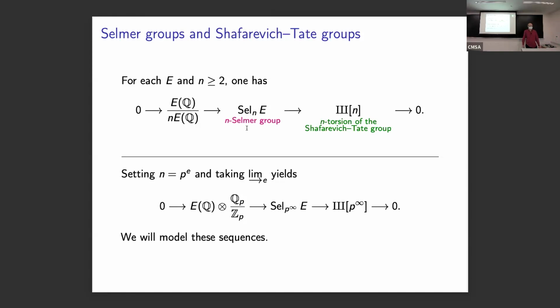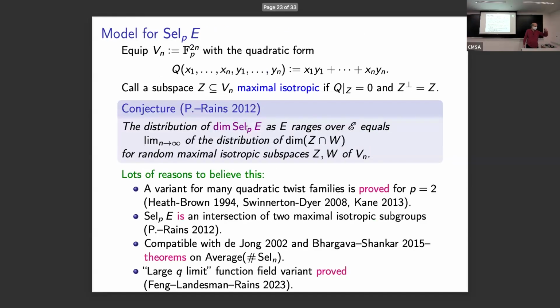So then you can ask, forget elliptic curves: is there a simple linear algebra probabilistic construction of a random F2 vector space that gives you that kind of distribution? It turns out there was one. And so this led to a model that Eric Rains and I conjectured models the p-Selmer group. Maybe I can tell you what this is.